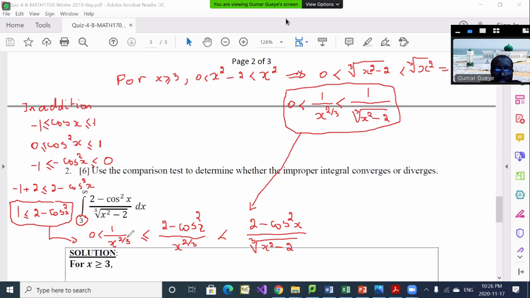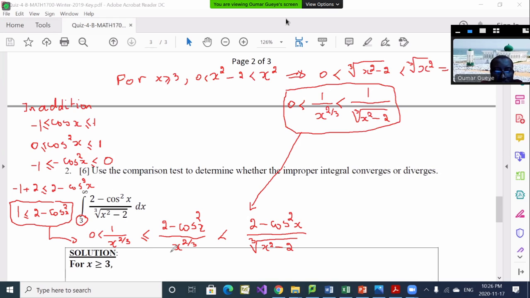The reason why I divide here is because from this inequality, I multiply the numerator by 2 minus cosine square. If I multiply here the 2 minus, I'll get this part. I multiply the right hand side by 2 minus cosine square, I'll get this part. And now this is the function that I want to integrate.